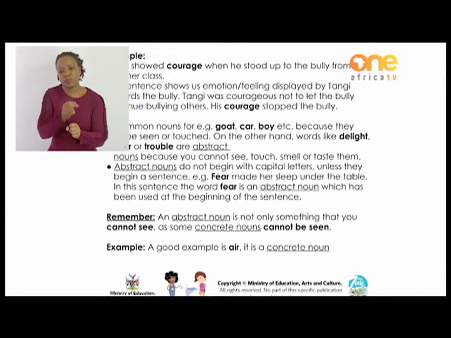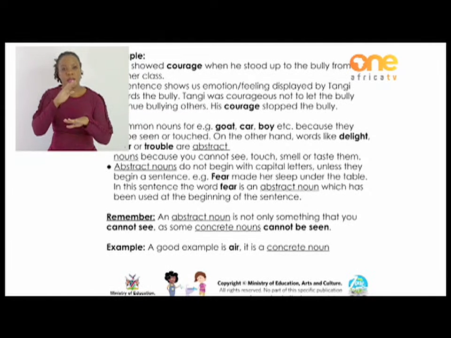Remember, an abstract noun is not only something that you cannot see, as some concrete nouns cannot be seen. We have concrete nouns which cannot be seen, but they are concrete. Let us look at what they are.